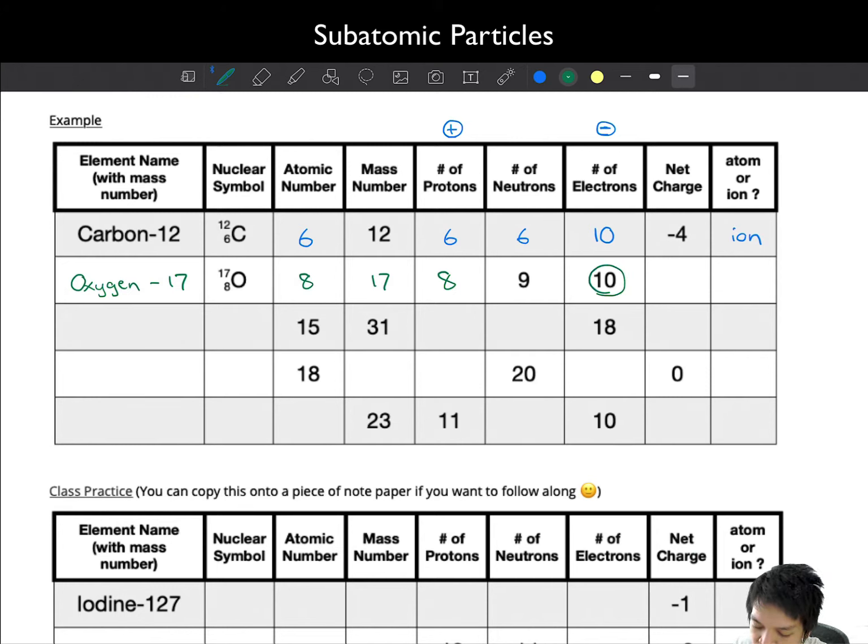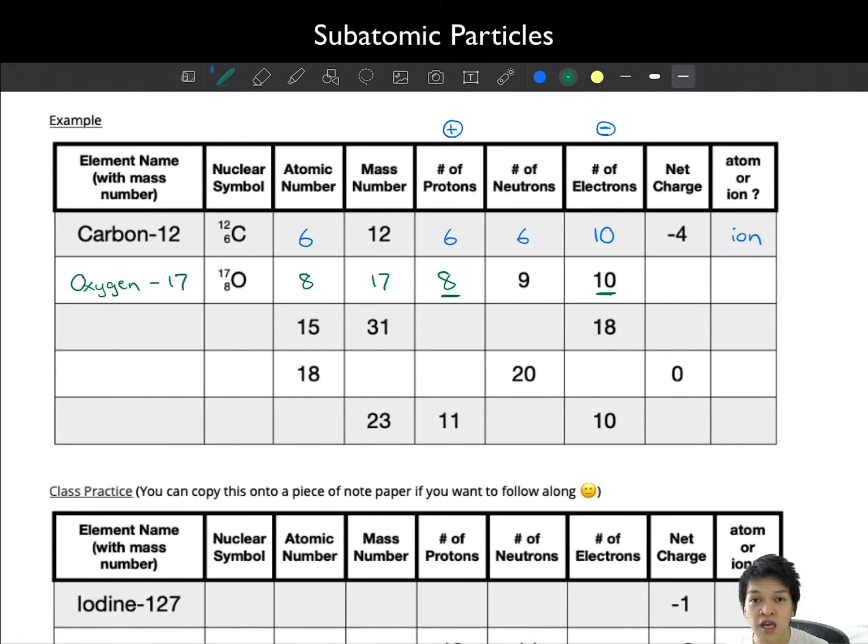The number of electrons is 10, but we don't know the net charge. But anything dealing with charge or electrons, you want to think about how many positive and how many negative particles there are. So we have 8 protons, meaning we have 8 positive charges. We have 10 electrons, we have 10 negative charges. Which one do we have more of, positive or negative?